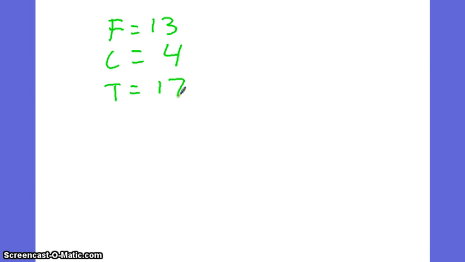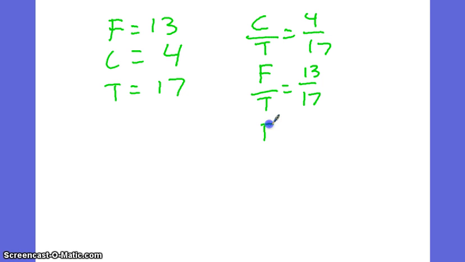From that, I can come up with three equations. Crabs to total equals 4 to 17. Fish to total equals 13 to 17. And fish to crabs equals 13 to 4. So that's three different ways I can do that.